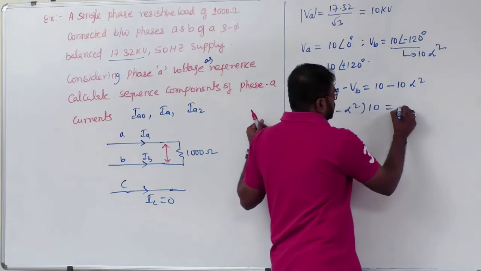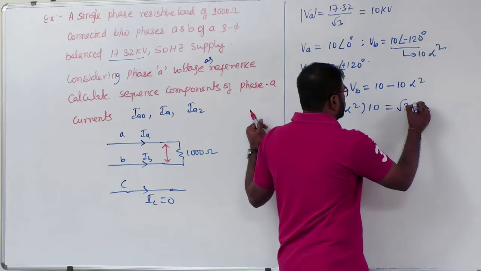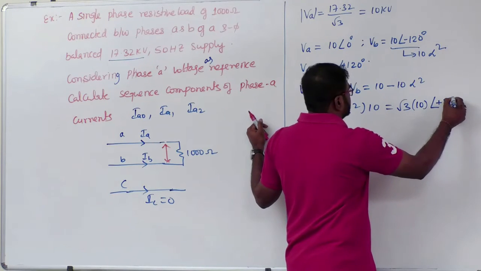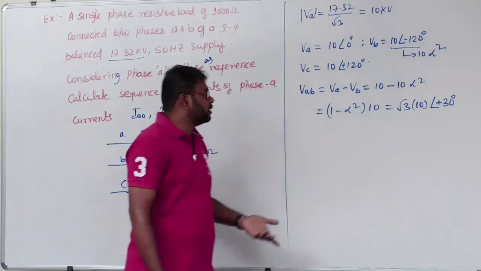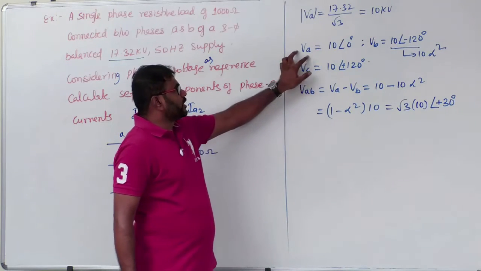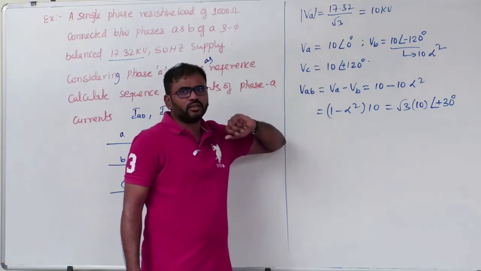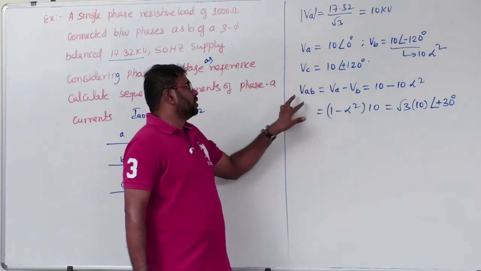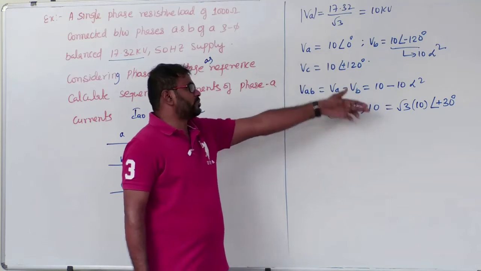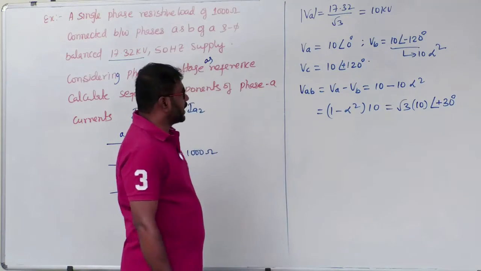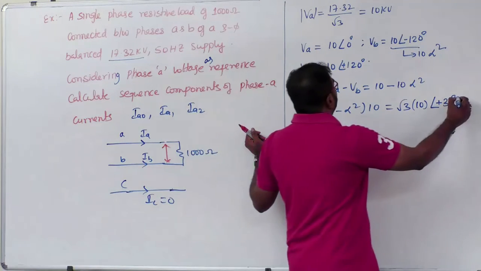If I calculate, this is root 3 into 10 at an angle plus 30 degrees. Otherwise simple, VAB leads VA by 30 degrees. VAB is the line voltage that leads the corresponding phase by 30 degrees. But line voltage magnitude equal to root 3 times the phase voltage. Okay, so that's about VAB. But careful, this is in kV. Don't forget that.